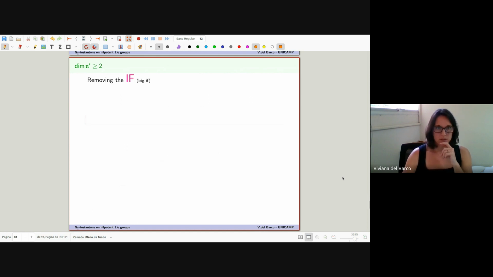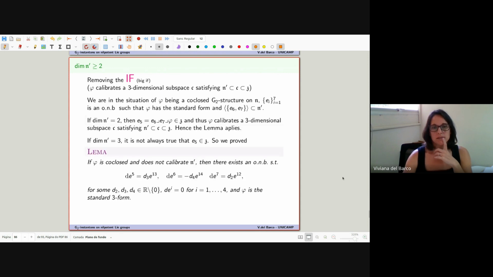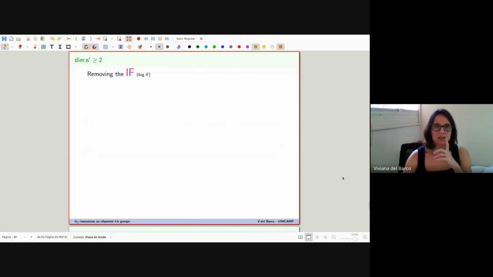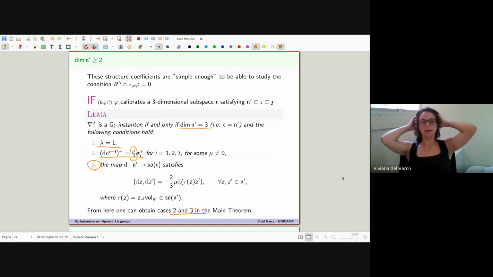So how to remove the big if? Well, this was the big issue at some point. I will not say much here, but if you're interested, I will just stay here. We did everything with this big if, but in the end, you can solve it. If n prime is of dimension 2, then it is easily solvable.